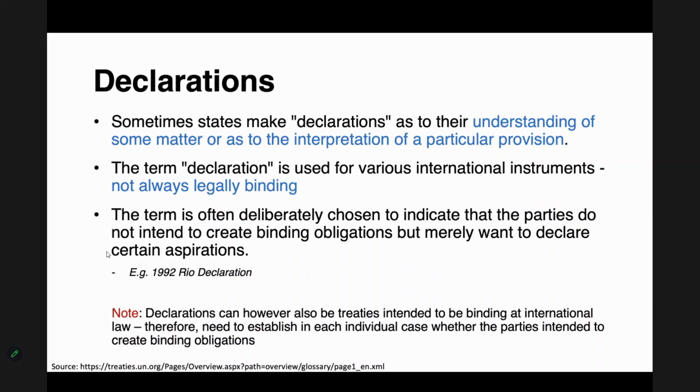So the 1992 Rio Declaration has no legally binding obligations, but countries have declared certain aspirations, targets and goals in terms of sustainability that they would like to achieve.